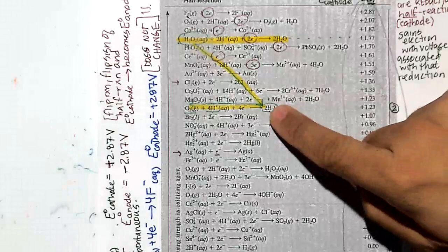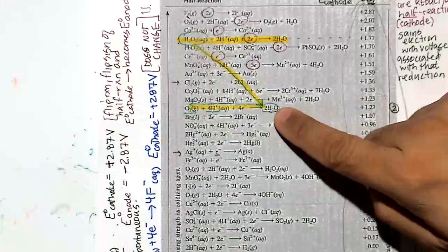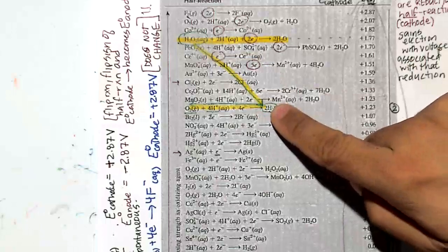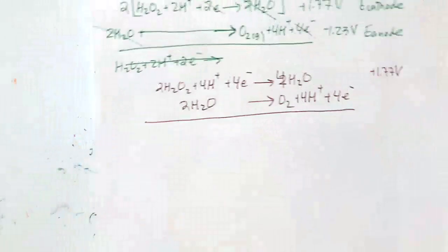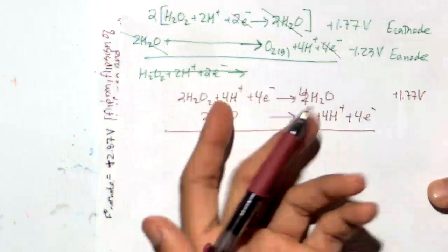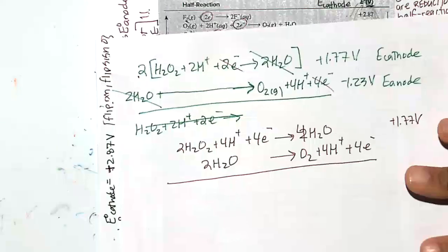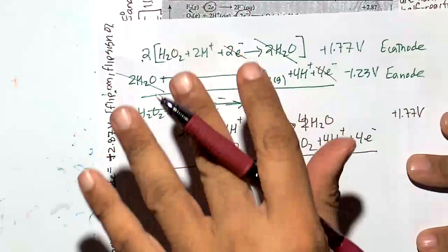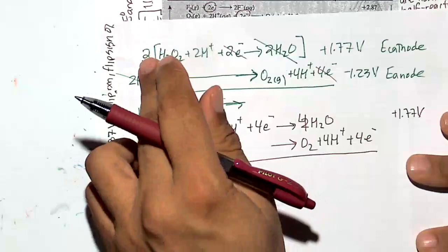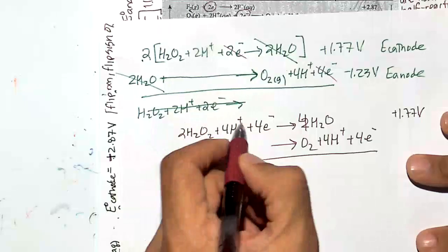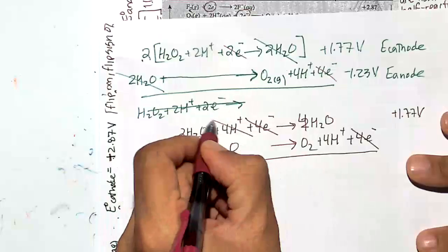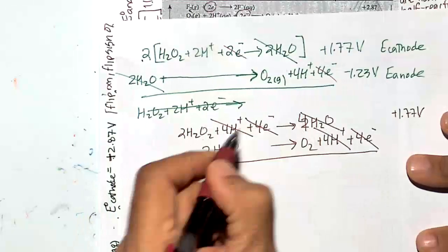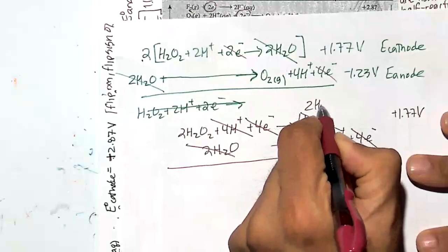So I wrote this. I flipped this because I want to convince you that this can oxidize water into oxygen and 4 protons. So I take this, I flip that reaction, I multiply this by 2 to cancel out the electrons. 4E cancels, 4H plus cancels.